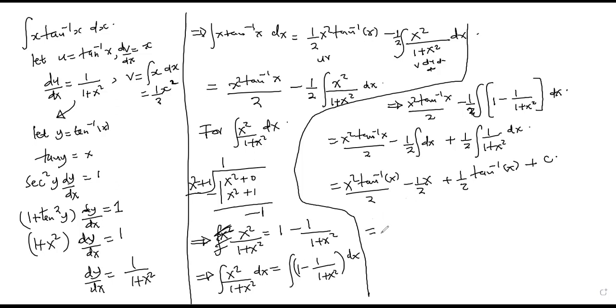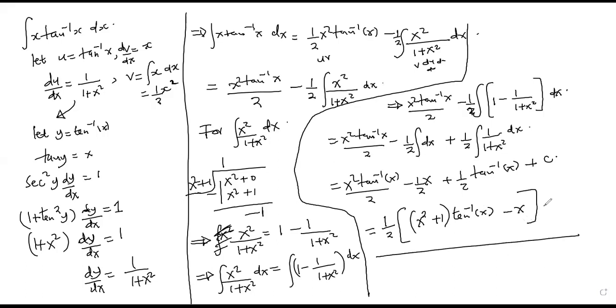If you move out a half, you'll be left with x squared, here we can say plus 1, so that will factorize out the tan inverse of x, then minus this x. And that is the final answer plus a constant of integration.